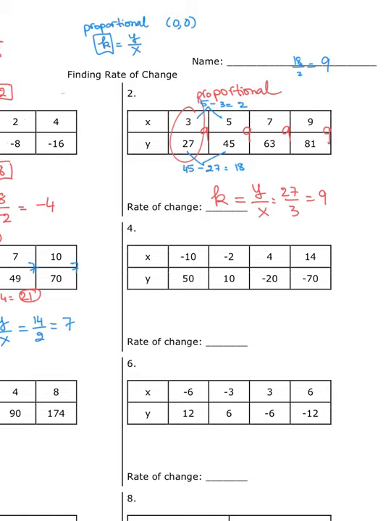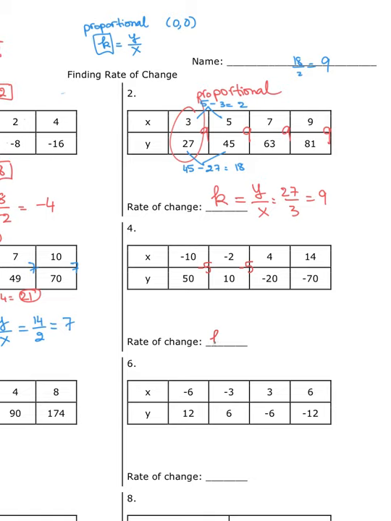Number 4, I will try to do m, but you can do k in this case. For example, you do 50 divided by negative 10, you got negative 5. 10 divided by negative 2, you got negative 5.